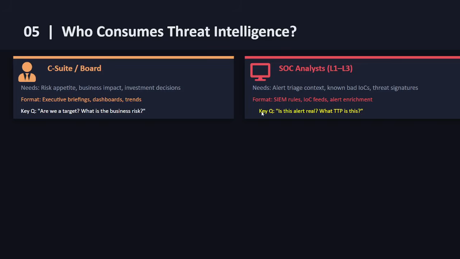You will check whether this alert is real, or a false positive, or just a normal alert. What TTP is this? What techniques, tools and procedures are used? This is where you will be looking at that information. That is from the SOC perspective.